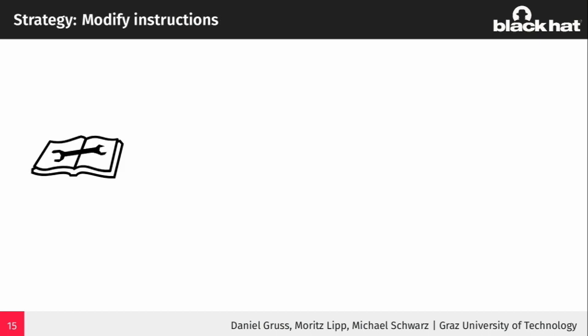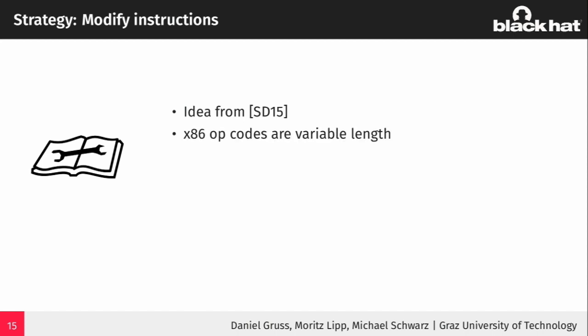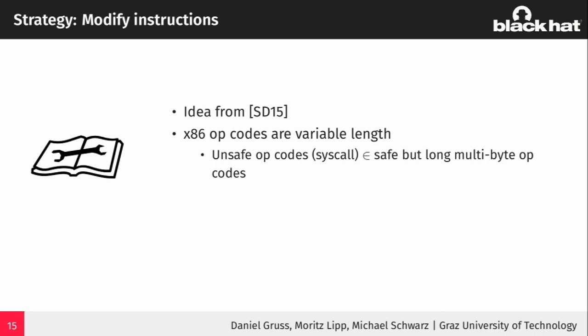Okay, so when we have bit flips now, Daniel, what can we do with them? So it's just one simple bit. Any ideas about what to actually exploit with that? In 2015, Seaborn and Dullien showed that we can modify opcodes, because opcodes have variable length, and you might have a syscall instruction included in a longer opcode. So you have a long opcode, and part of the opcode could be interpreted as a syscall.